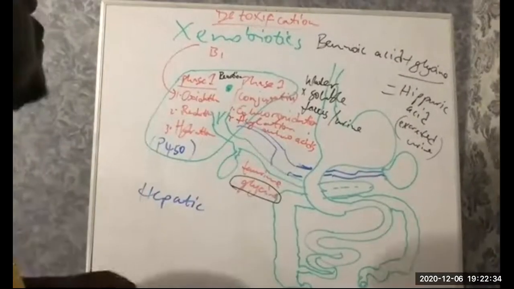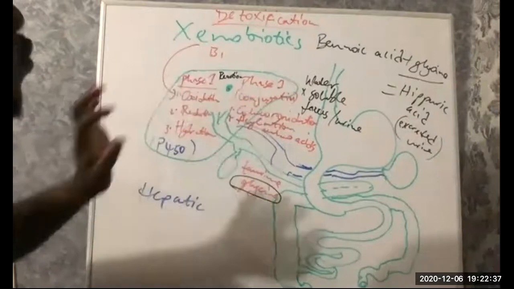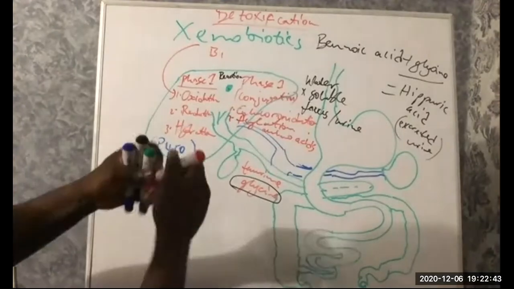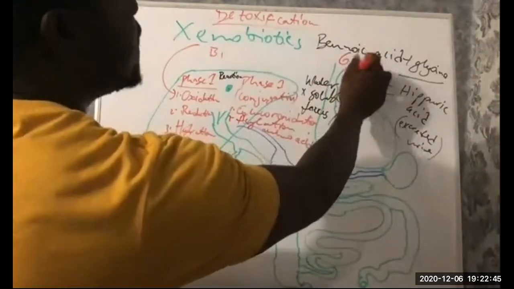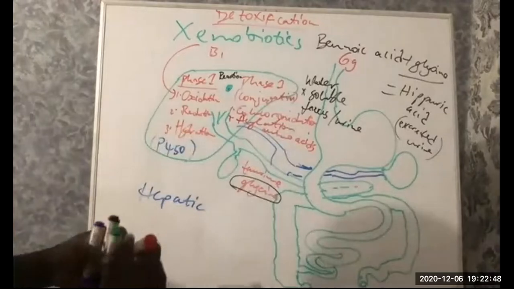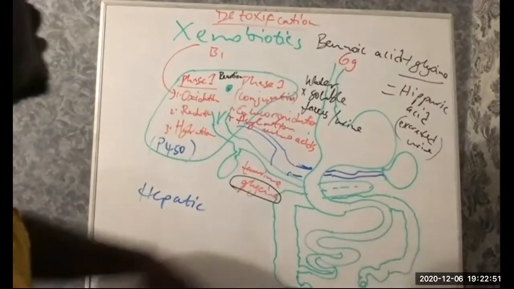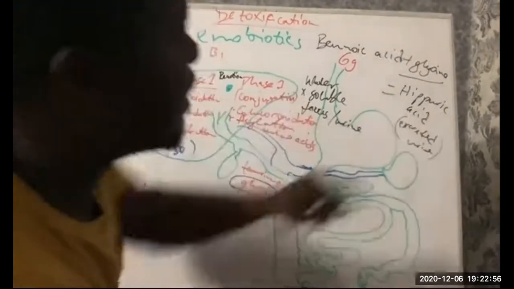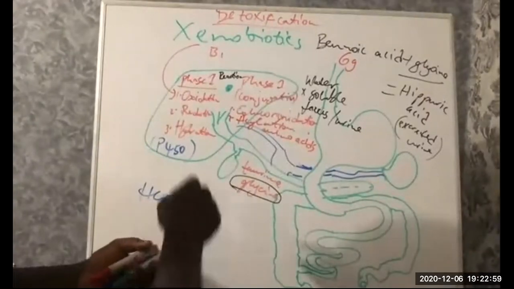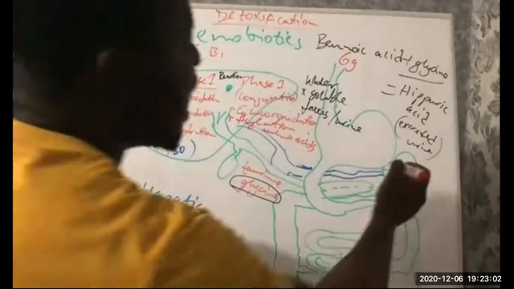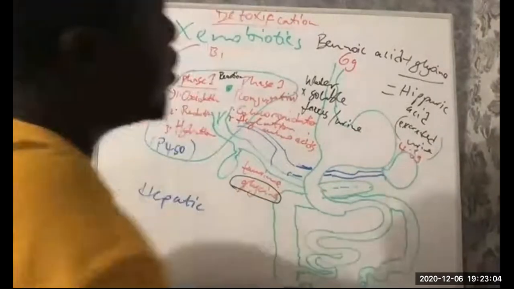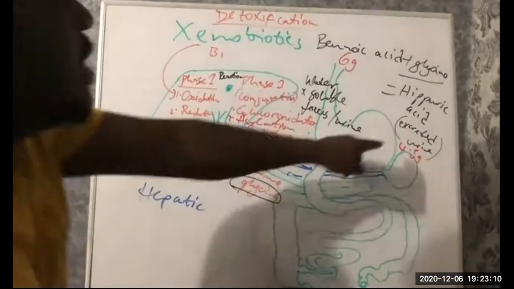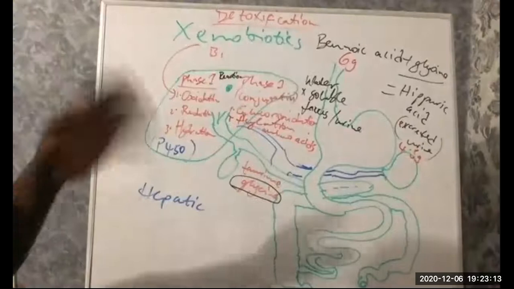So in the lab, if you want to check how the liver is working in terms of detoxification, what you will do is give about 6 grams of the benzoic acid. In ideal cases, this 6 grams is absorbed by the liver and converted to hippuric acid. If this process occurs, we expect to see about 4.5 grams of the benzoic acid in the hippuric acid, which is being excreted in the urine, if detoxification is occurring.